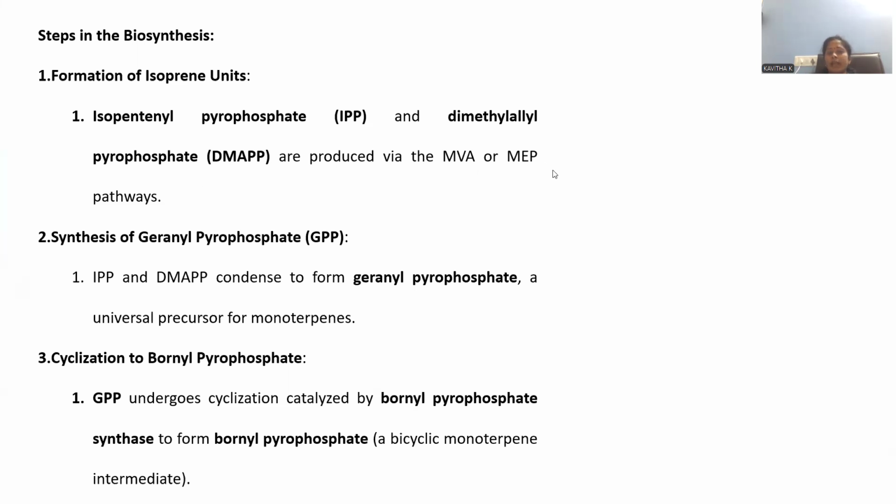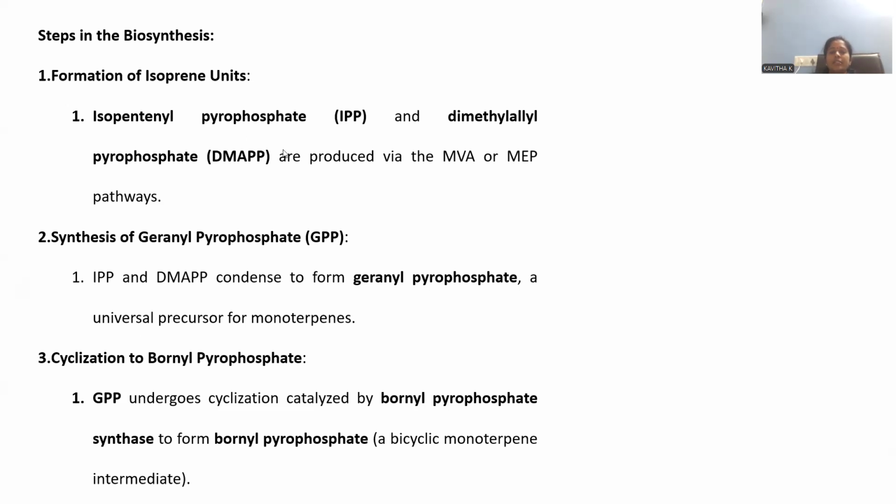Either pathway can be applied in order to synthesize isopentenyl pyrophosphate and dimethylallyl pyrophosphate. These are the starting materials in order to synthesize camphor.